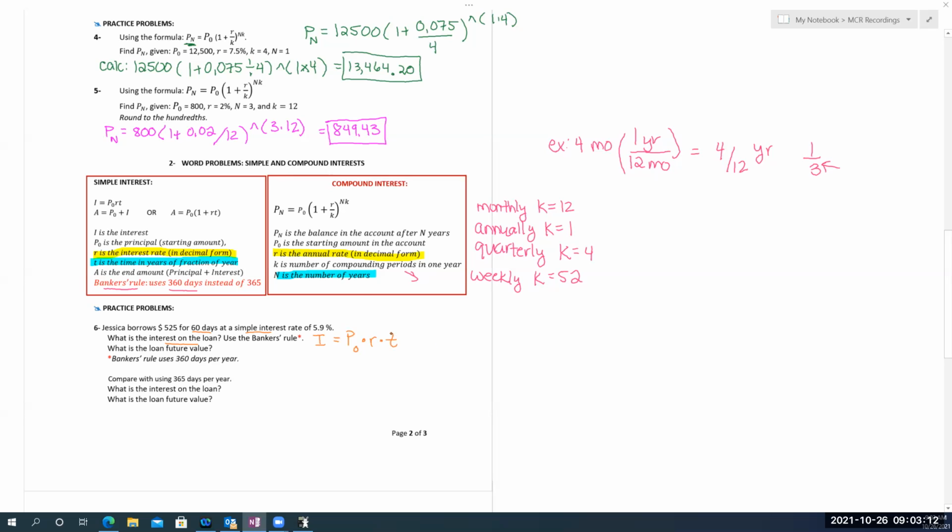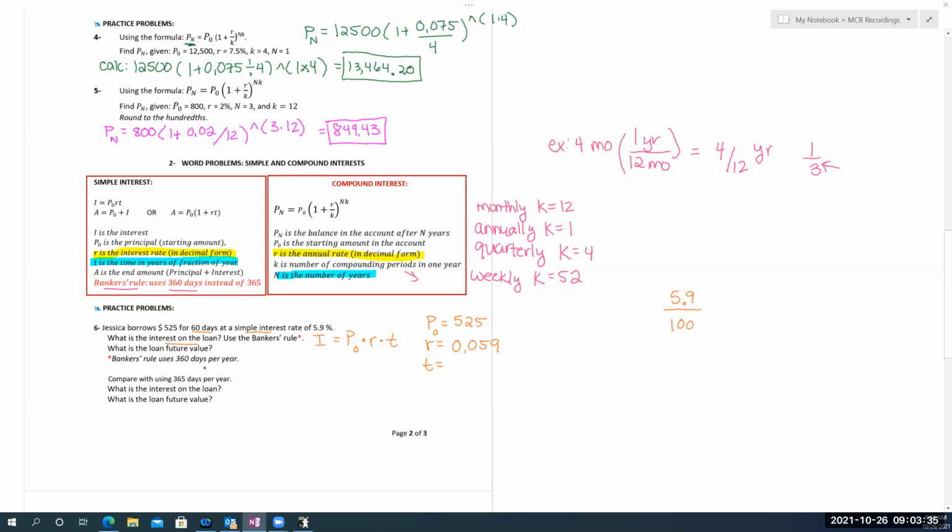Now let's see if hopefully we have all the pieces we need. So I'm going to go through. What was PO? It was the 525. What was the R? Okay, it's 0.059 because I'm going to take that 5.9 and divide it by 100. And then hopefully I have a T. Here's the catch.